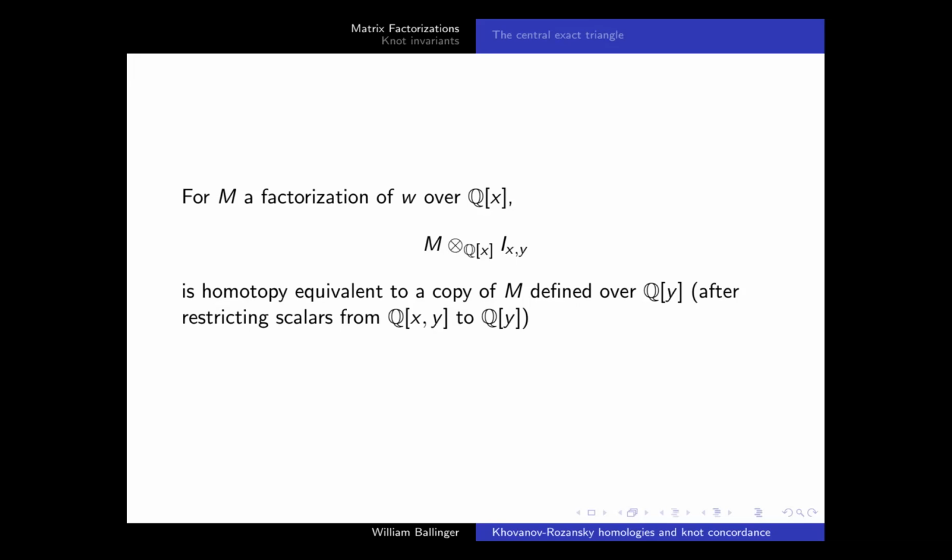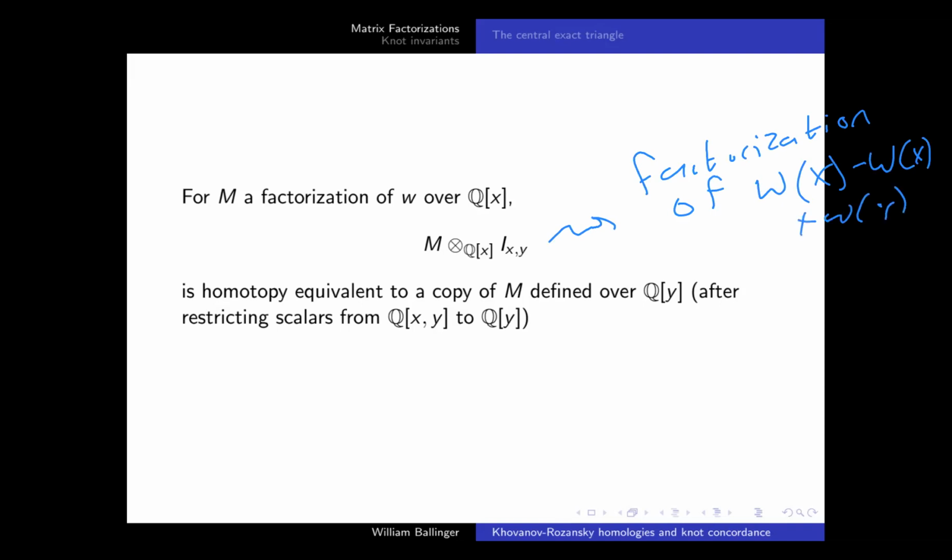And the result of this will be a factorization of W of X minus W of X plus W of Y equals W of Y over Q adjoin X, Y. So if you take that tensor product and restrict scalars down to just a single variable polynomial in Q adjoin Y, what's left is essentially homotopy equivalent to the M you started with, after replacing all the X's you had in M with Y's.